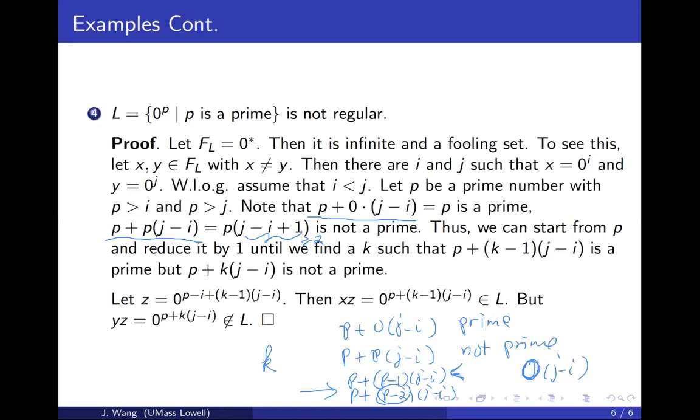So this exponent could be at most 0 because p is greater than i, so z is a string of some zeros. You put z at the end.